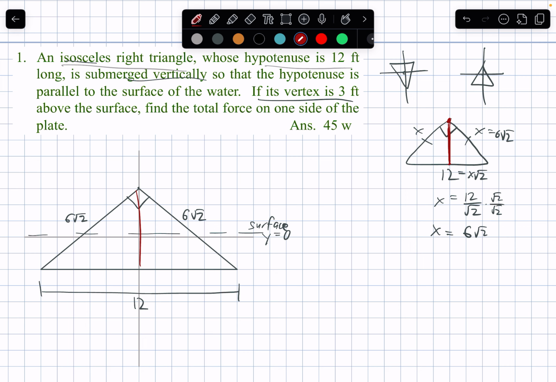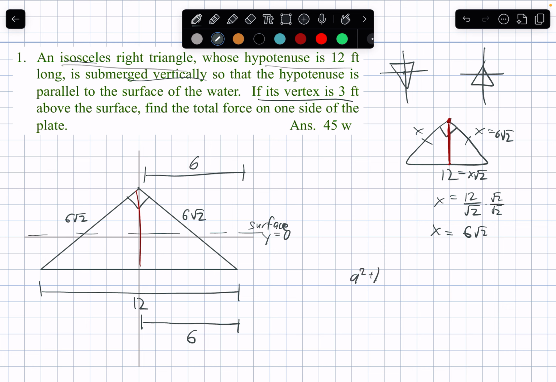This is equal to what? So we know that this distance is 6, right? It's just half of the hypotenuse. So it's the same here, 6 also. We know the side of this as well as this, so we can identify the other side. We can use the Pythagorean theorem.